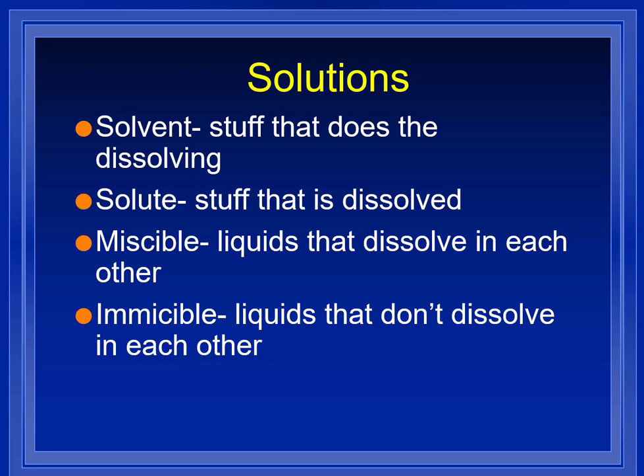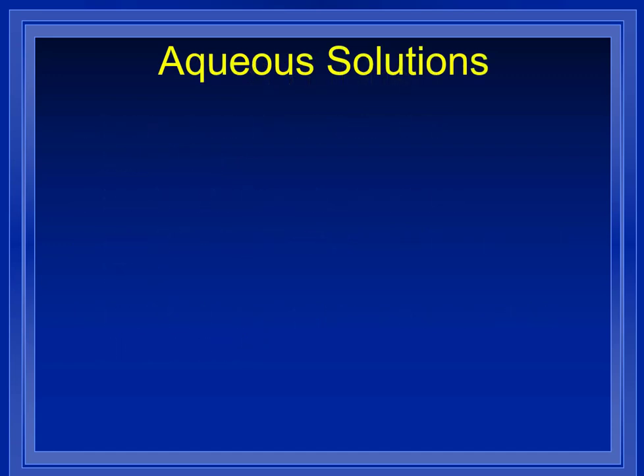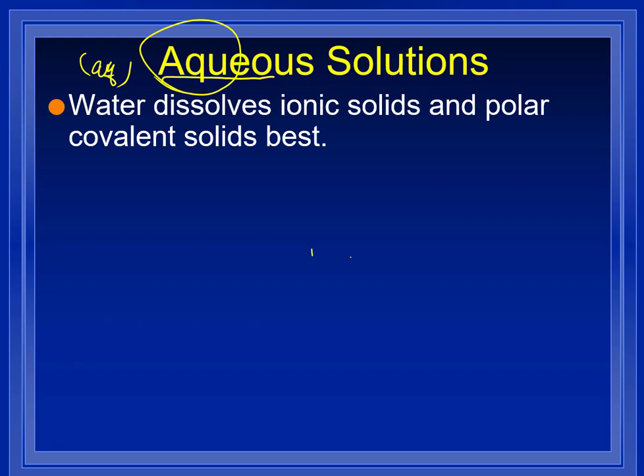And most of our time is going to be spent talking about aqueous solutions. And we saw this word aqueous before. What did aqueous mean? We wrote it as AQ. Yeah, see the aqua in there? Dissolved in water. Okay?